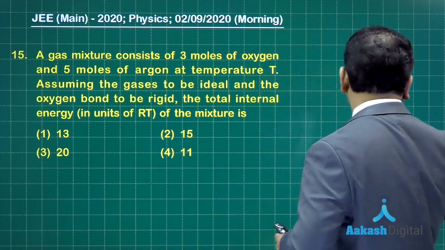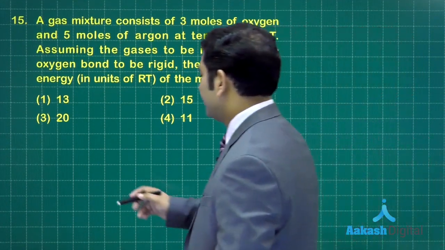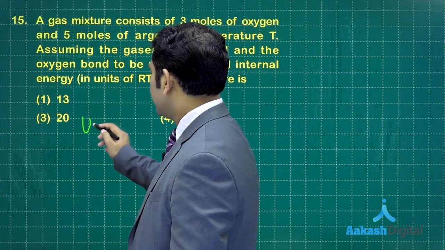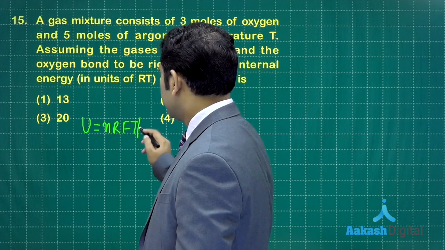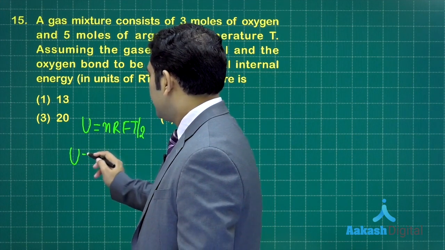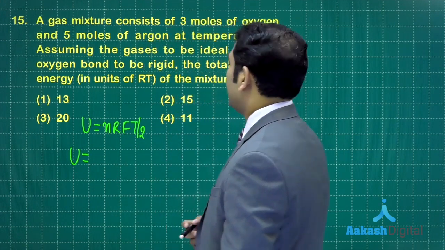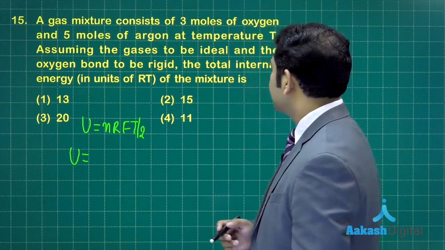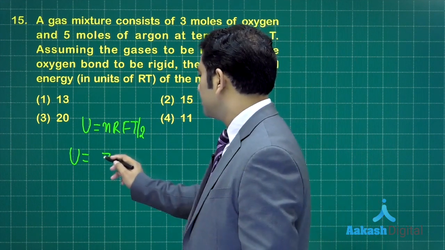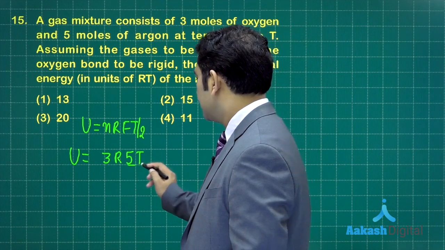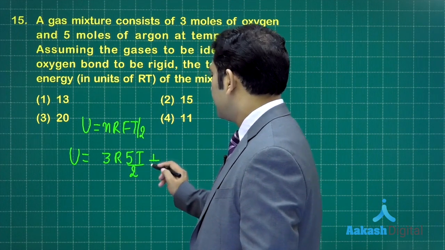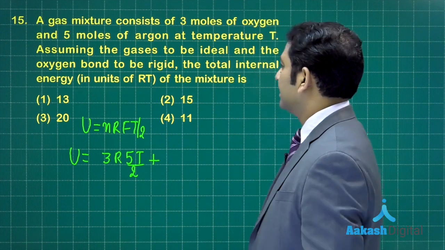So let's say now the total internal energy, of course, you know, is by the formula nfRT by 2, right? So let's start. First of all, let's consider oxygen. Oxygen has 3 moles, so that's going to be 3R, degree of freedom is 5, T divided by 2, plus, then comes argon.